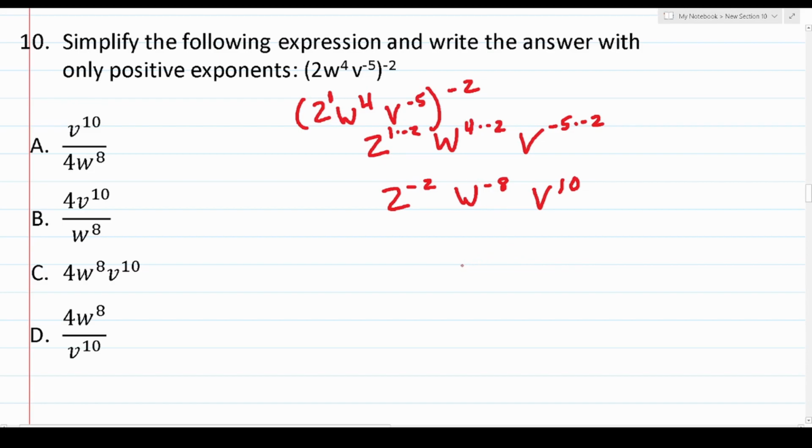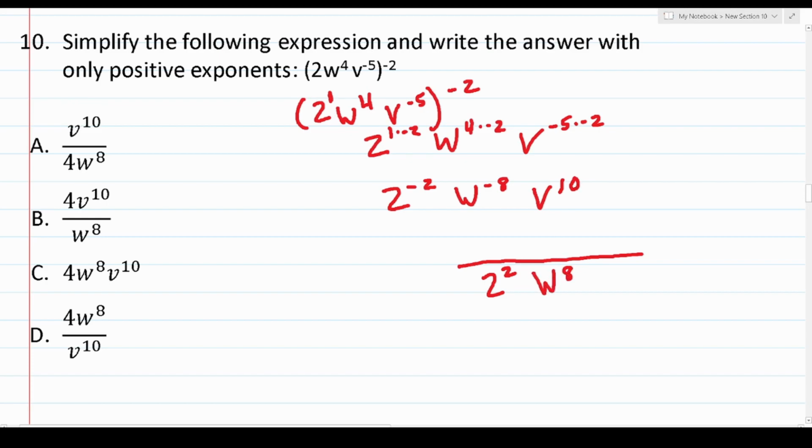So let's go ahead and do that. Again, I want this exponent in 2 to the negative second power to be positive. So I'm simply going to bring it below this fraction bar, and that allows me to write it as 2 squared. Likewise, I want this w to the negative 8 to have a positive exponent, and by bringing it into the denominator here, I can write it as w to the 8th.